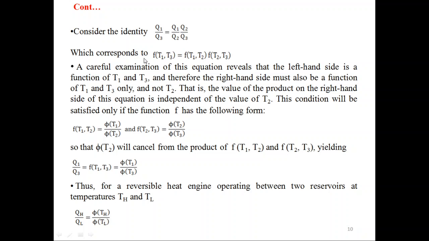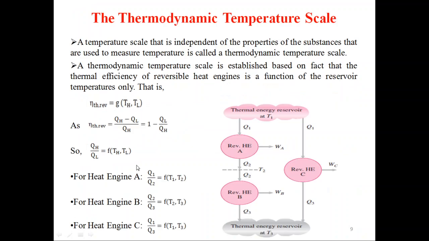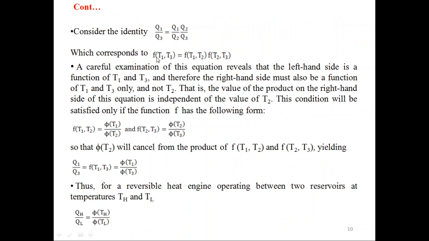We have already said that Q1 upon Q3 is a function of T1 and T3. So we can write function of T1, T3 is equal to function of T1, T2 times function of T2, T3.